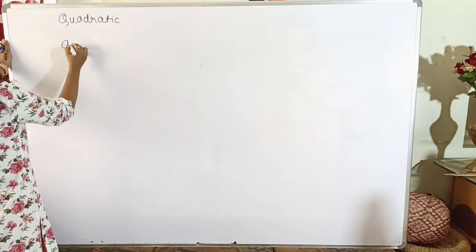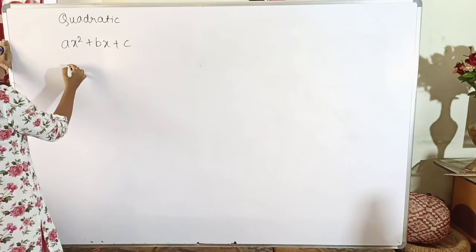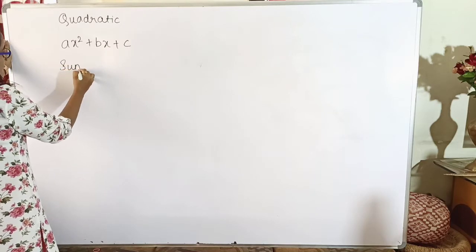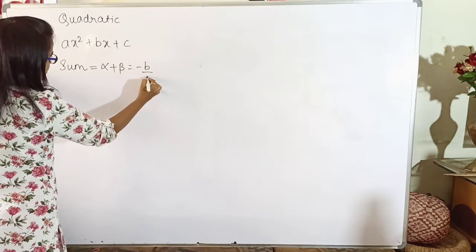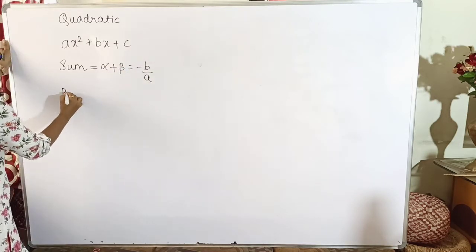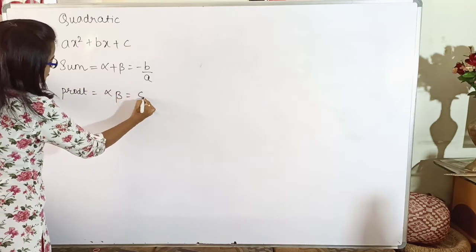So in a quadratic polynomial, the standard form is ax square plus bx plus c. Yes, what do we get? We get the sum of roots which is nothing but alpha plus beta, which is minus b by a, whereas the product of the roots, which is alpha into beta, is c by a.